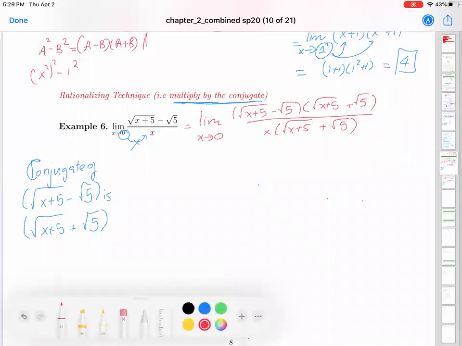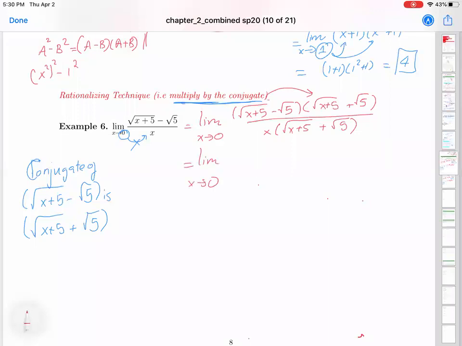Okay, and when I multiply this together, you can see that this is a minus b times a plus b, which equals a squared minus b squared.